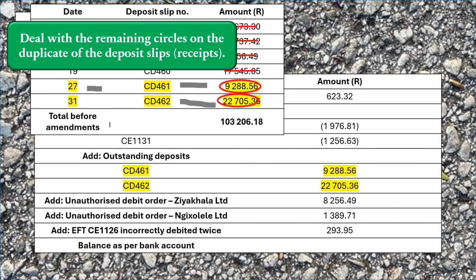Most probably because of the timing difference, we recorded these receipts or deposits in our cash receipts journal at the end of the month. We deposited the money and it's not yet on the bank statement. So this needs to go on the bank reconciliation statement.